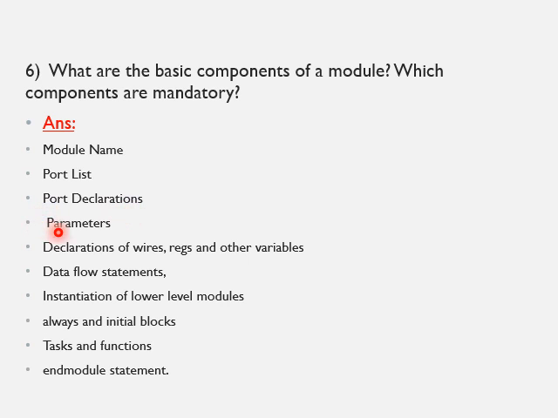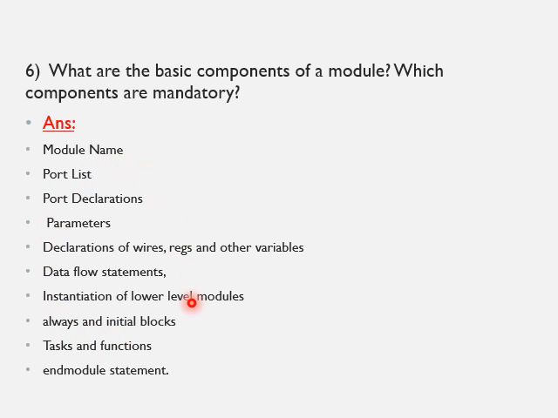Then we have parameters if any, then declaration of wires, registers and other variables. After that, in the main body of the program, there can be data flow statements or instantiation of lower level modules, that means gate level statements, or always and initial blocks and tasks and functions. These comprise the behavioral statements, and finally terminated by the endmodule statement. So these are the basic components of a module.